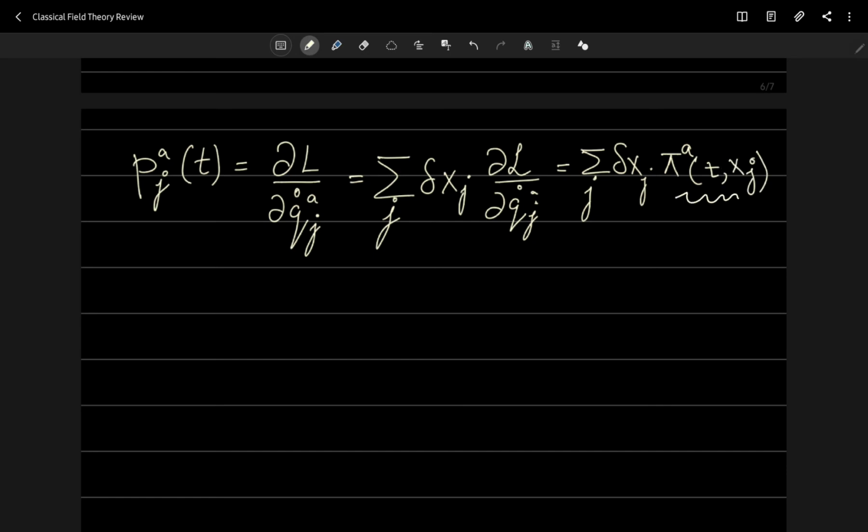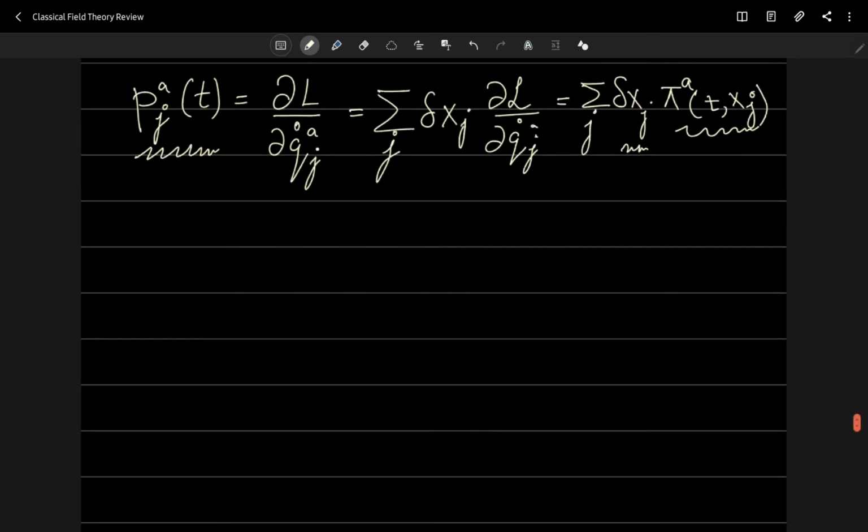So this thing over here is the momentum density multiplied by some delta x_j. That's how we get this discrete conjugate momenta.